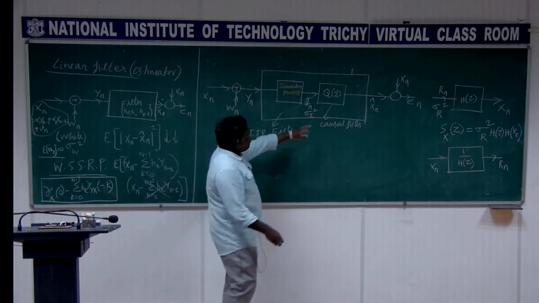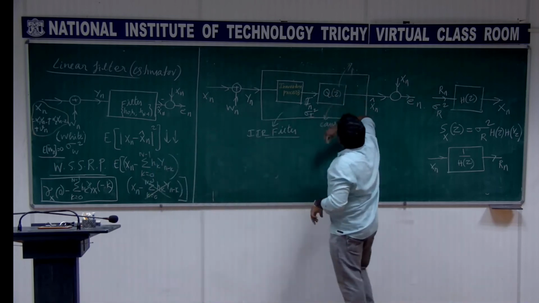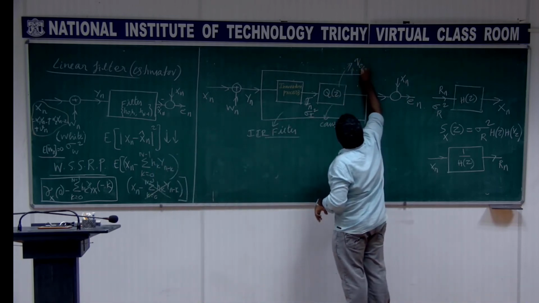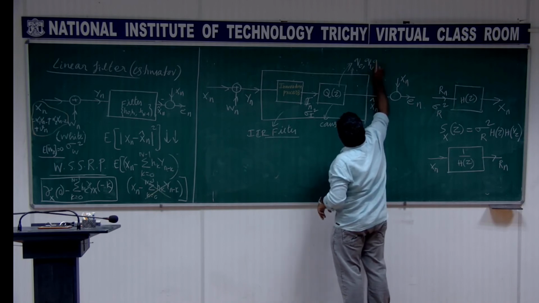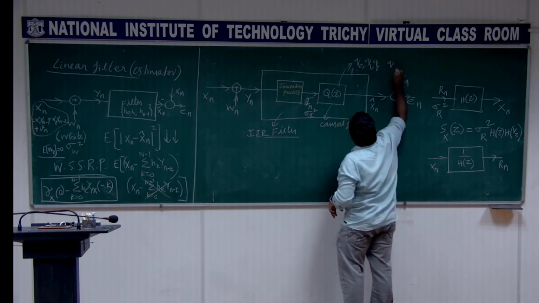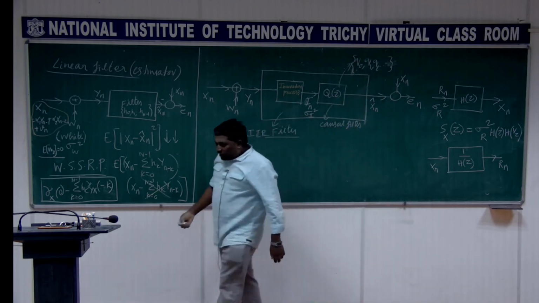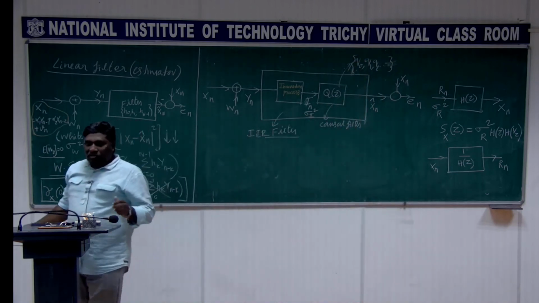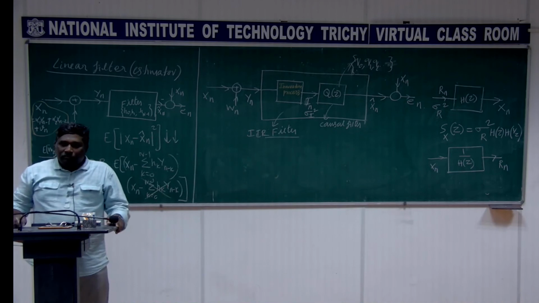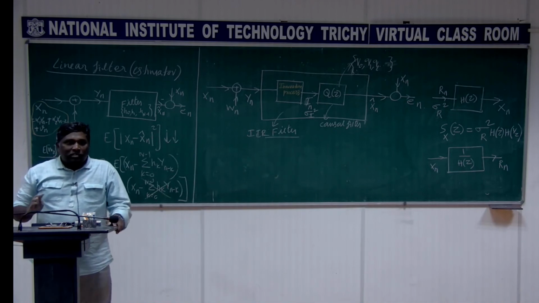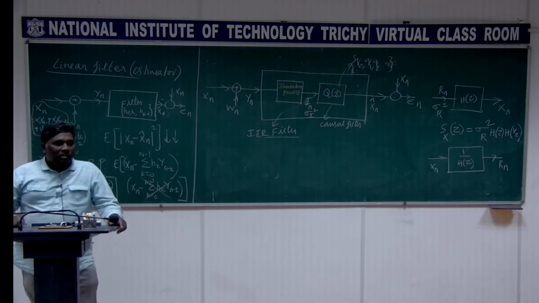And this Q of Z is the IIR filter having the filter coefficients Q0, Q2, and it goes up to infinity, right? As we have an infinite number of coefficients there, it is what we call IIR, and it's causal, right?